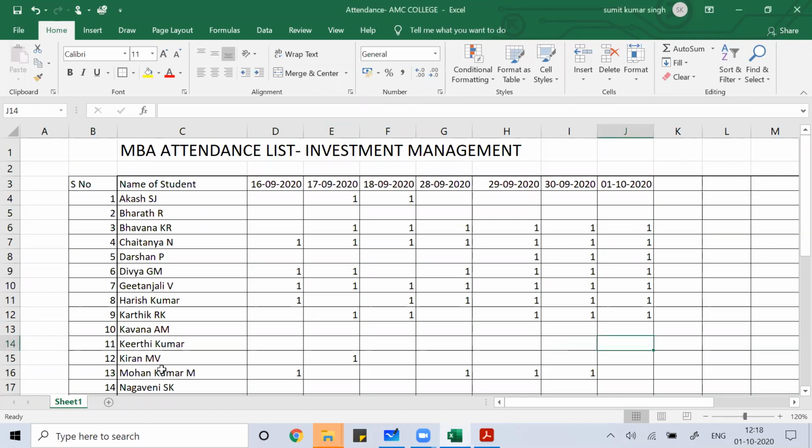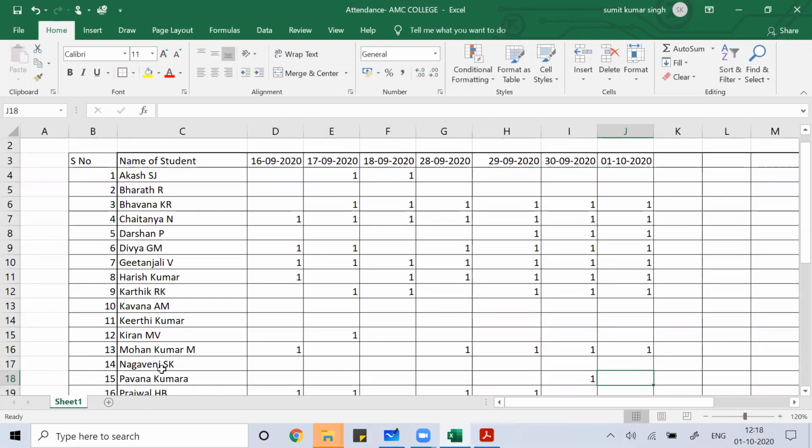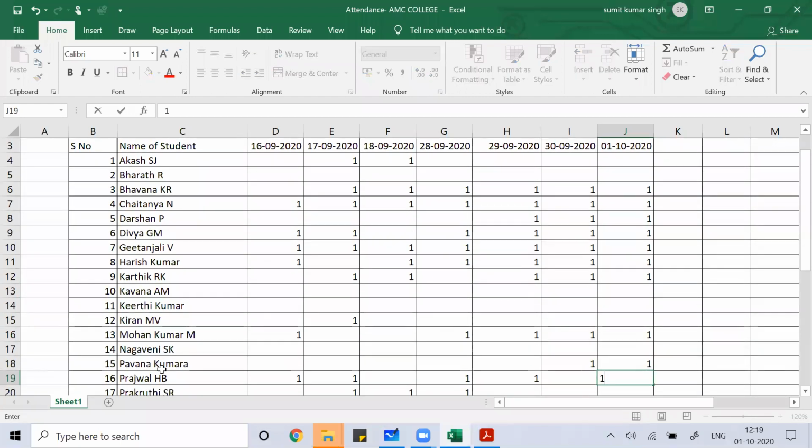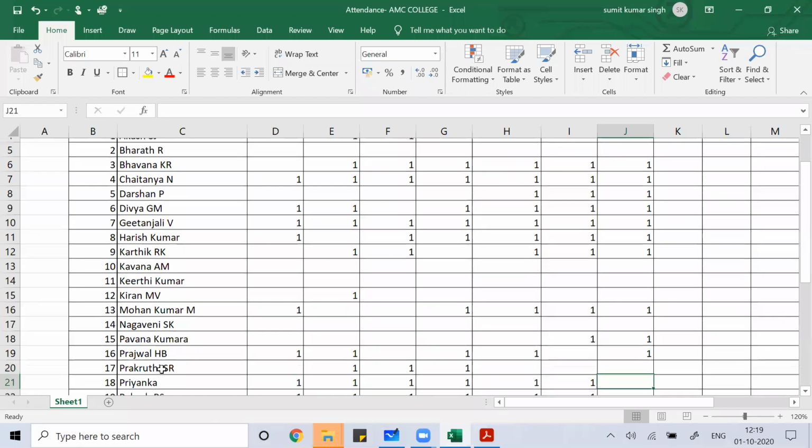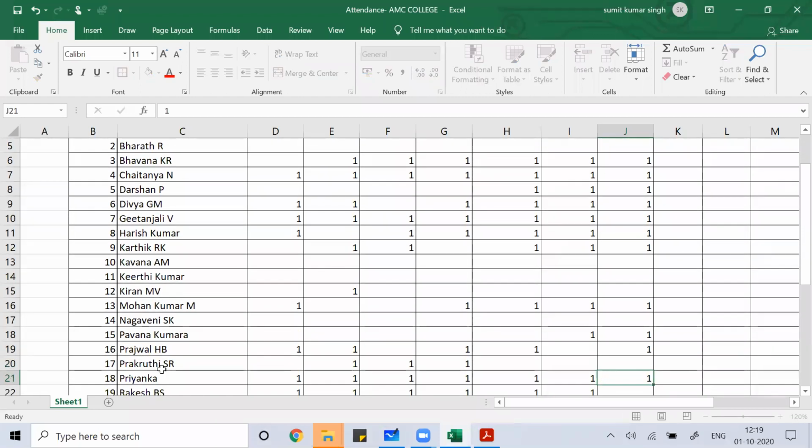Mohan is there. Nagaveni. Pavan is there. Prajwal is there. Prakriti. Priyanka is there.